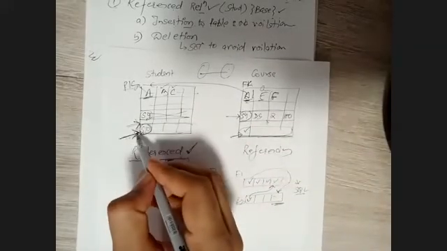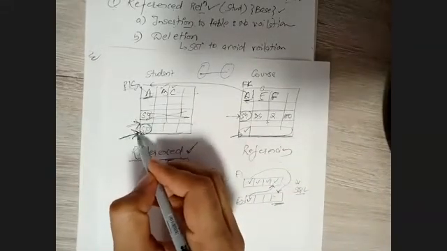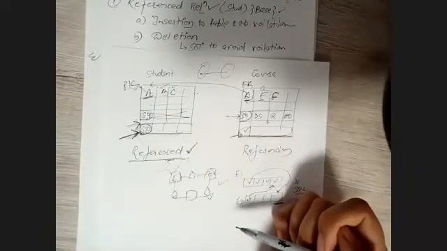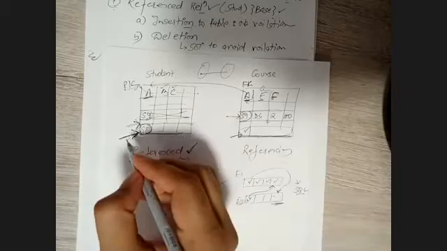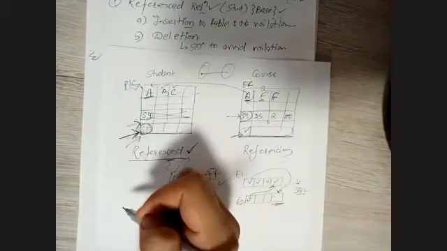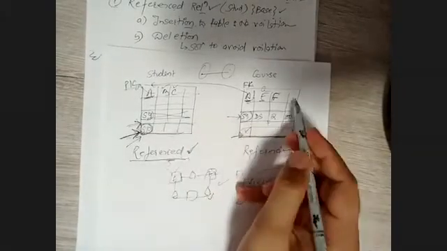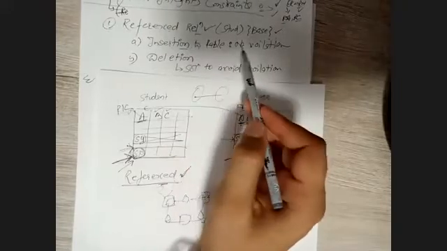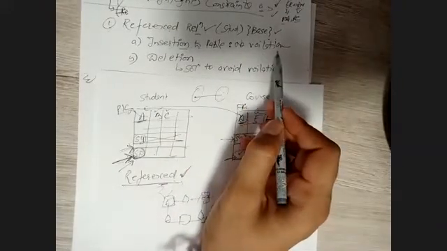So obviously we can give input in our table without violating any rule. When we give input in the student table, there is no violation of foreign key constraint in the course table. So definitely insertion to the table will have no violation, right?